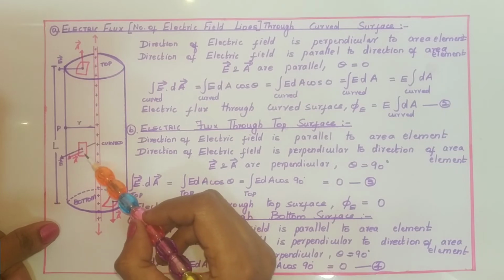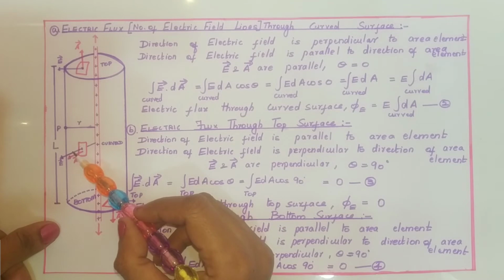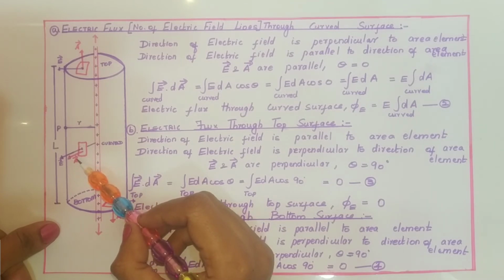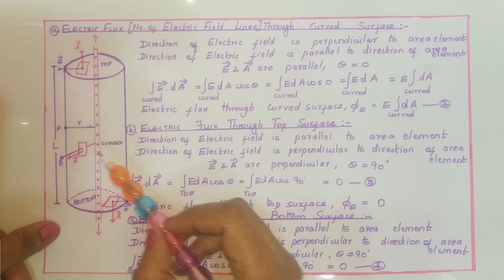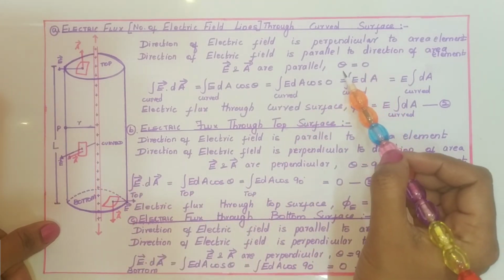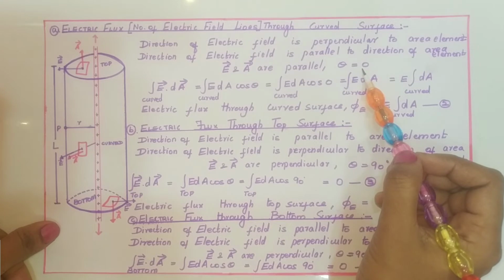But this area element has a direction, the A vector, and that A vector is perpendicular to the area element. So the direction of the electric field and the direction of the area vector are parallel to each other. That is, E vector and A vector are parallel, and the angle theta between them is 0.